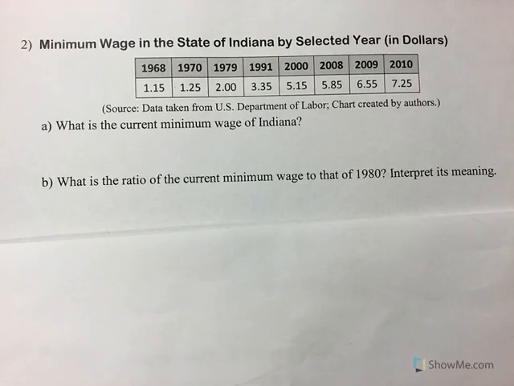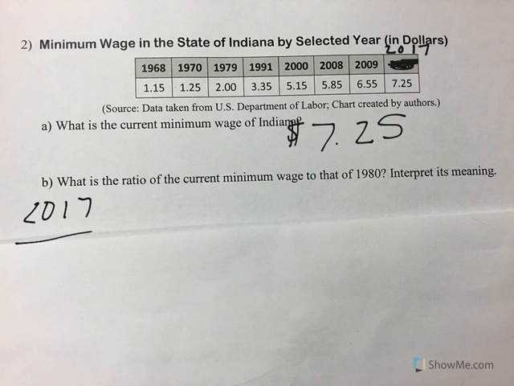Minimum wage, and this should say 2017, still $7.25, like it or not, that's what it is. So what is the current minimum wage? $7.25. We're going to use 2017 data as current because that's what we have. So what is the ratio of current to that of 1980? Current is 2017. We can't use 1980, it's no longer on our table. So we're going to use 1979.